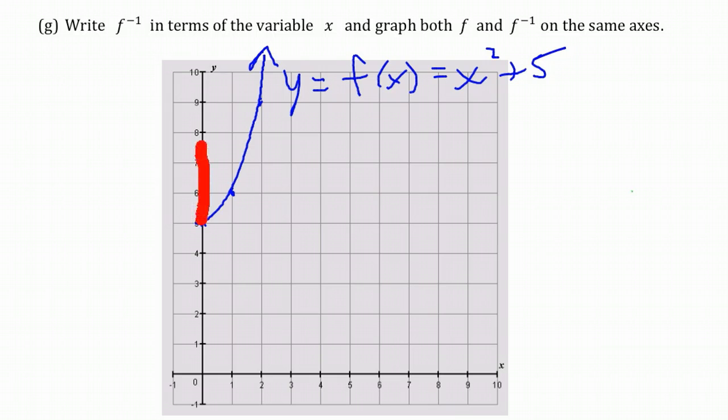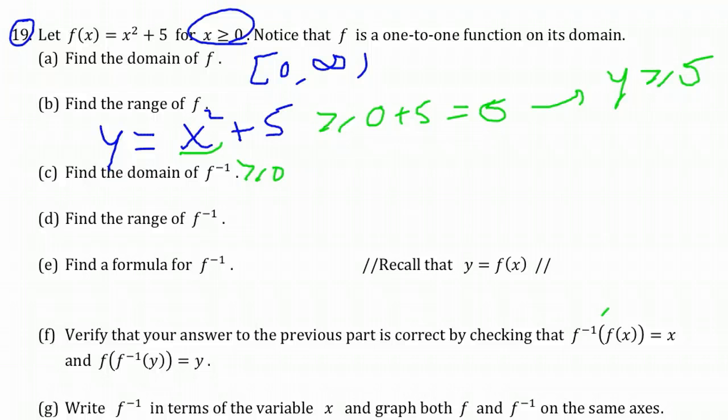Right, well, the lowest y value is 5. We don't have a highest y value. It continues on forever, and this will tell us that the range, which is the output set, or the y values, is from 5 to infinity. Okay, same as saying y is bigger than or equal to 5.